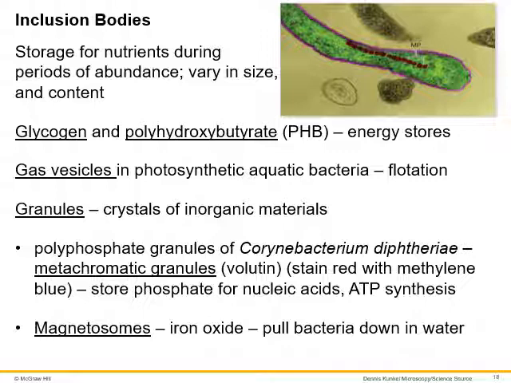Now, if I'm a bacterium and I'm living in an environment that has lots of nutrients, I plan for the future. I start stockpiling nutrients. So I store extra sugars as glycogen, and I store extra fatty acids as polyhydroxybutyrate. And these little droplets of lipids sometimes accumulate inside of the cell so much that when you stain them with basic stains, there's areas of the cell that are like beads.